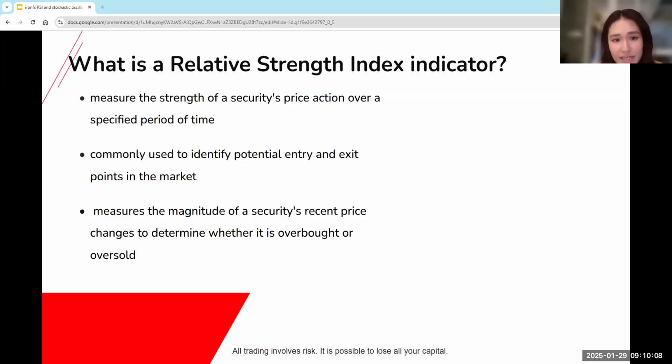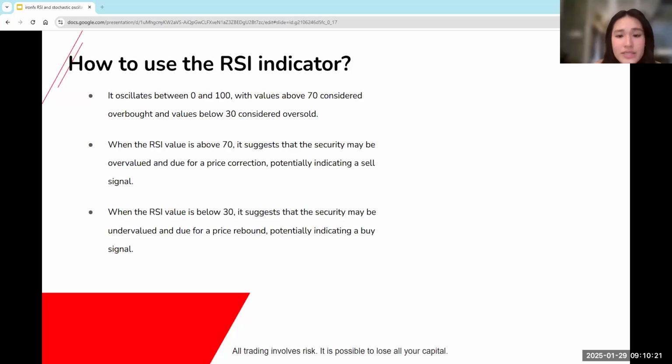So the RSI measures the magnitude of a security's recent price change to determine whether it's overbought or oversold. Okay, so how exactly do we use it? So it oscillates between 0 and 100, above 70 is considered overbought and below 30 is considered oversold.